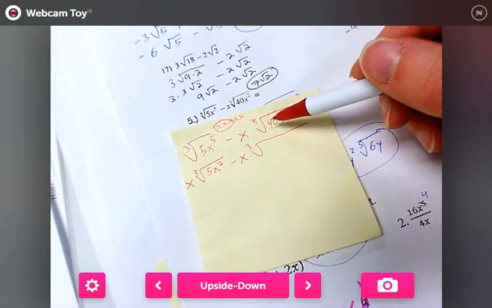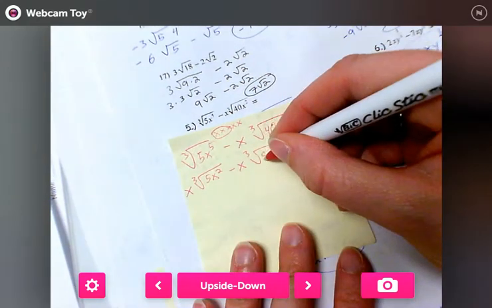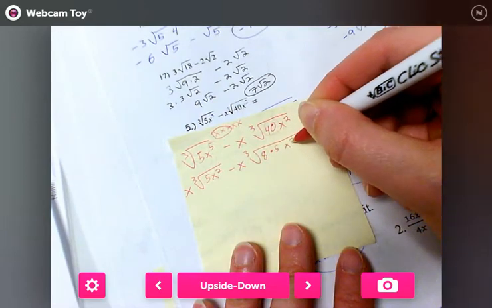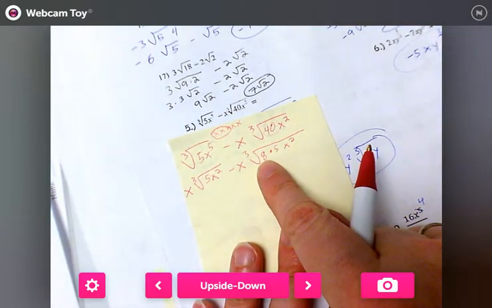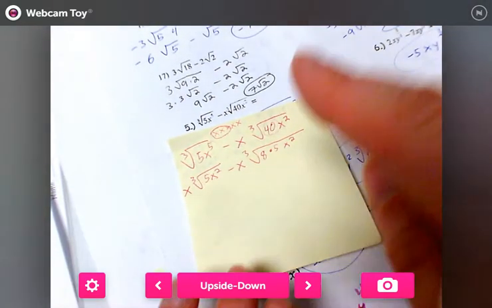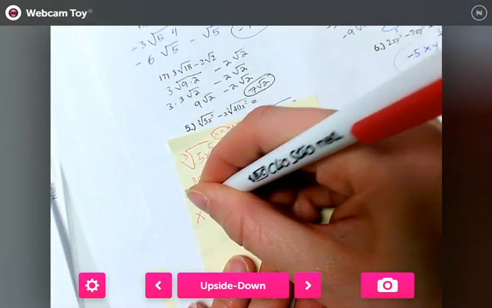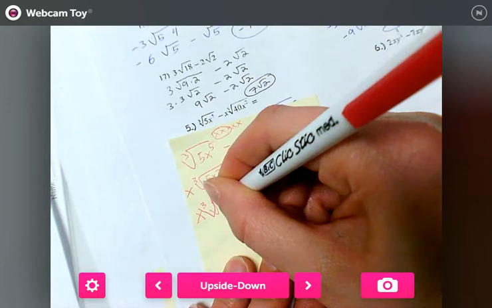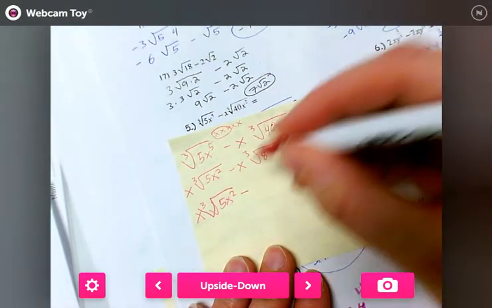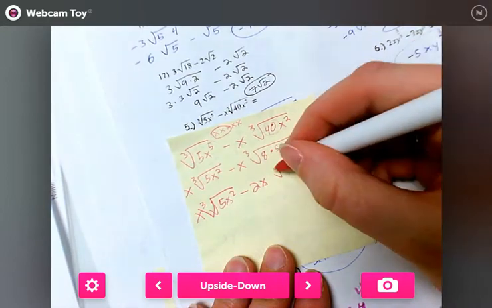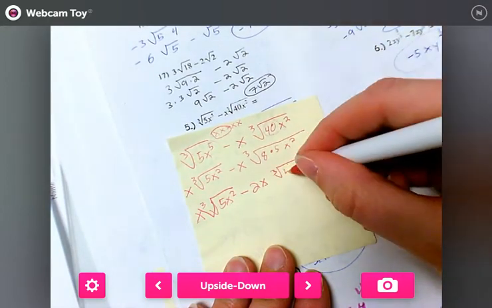So 40 is 8 and 5. Okay? 8 is 2 times 2 times 2, right? So we have x times the third root 5x squared minus, we're going to take out 2x, the third root 5x squared.